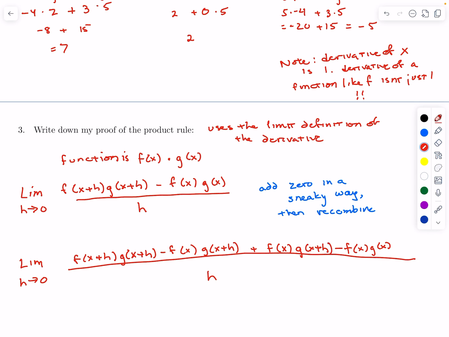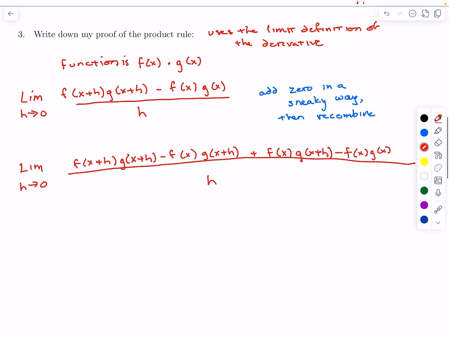Okay, so notice that's 0, but I'm going to then recombine and break it in the middle so that it doesn't automatically change. Common denominators says I can put each one under the same denominator.